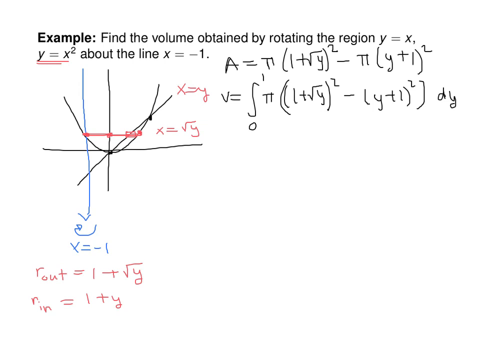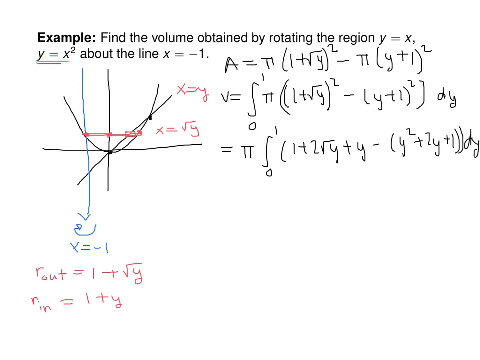So now when we expand, factor out that pi, integral 0 to 1, we get 1 plus 2 root y plus y minus y squared plus 2y plus 1. And combine like terms, pi times the integral from 0 to 1, 2 root y minus y squared dy.